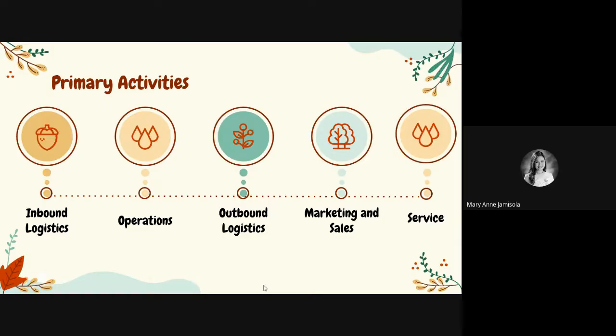Marketing and sales provide the means by which the customers are made aware of the product. The activities include advertising, promotion, distribution channel selection, sales force management, and pricing policy. Then for service, this includes activities related to after sales service like installation, repair, and parts replacement.